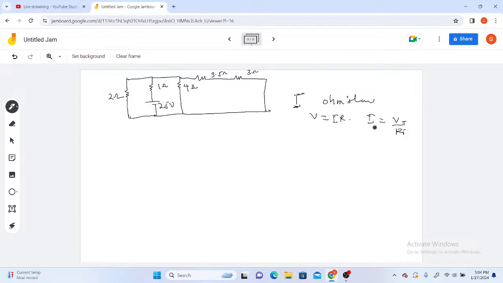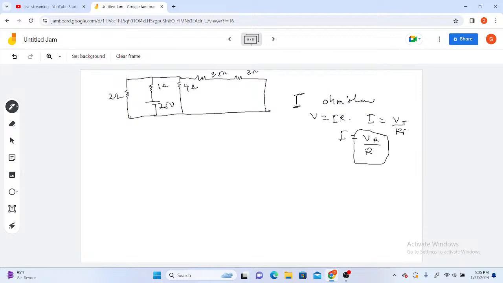To find I in each of the resistors, you have to find the voltage in that particular resistor, VR, over the resistor itself, that is over its resistance. This is what you are going to use. Please take note. So we need the voltage across that particular resistor as well as its resistance to get the current through it.